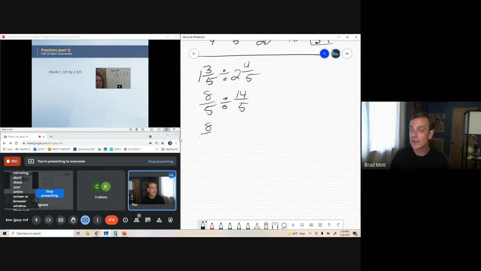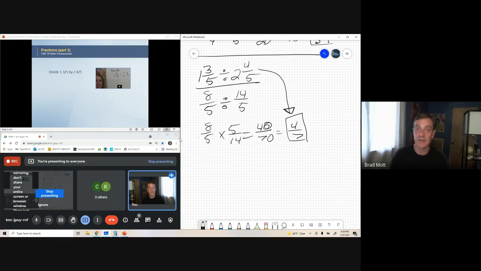We have 8/5 times 5/14. So 8 times 5 is 40. 5 times 14 is 70. So 40/70. This is, of course, not simplified since they're both divisible by 10 for starters. 10 goes into 40 4 times, and 10 goes into 70 7 times. So the result of 1 and 3/5 divided by 2 and 4/5 is 4/7.